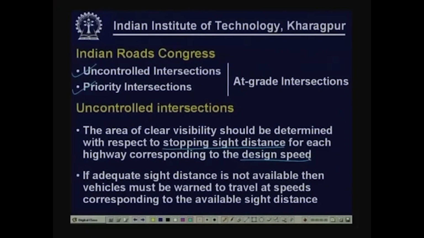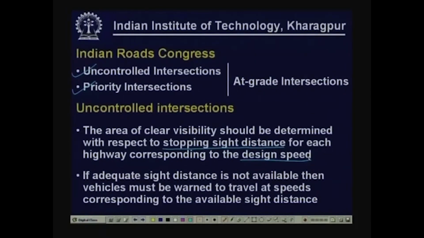So, straightaway it says that it should be on the basis of stopping side distance, and the basis used in IRC for stopping side distance we have already discussed earlier. Now, if adequate side distance is not available, then vehicles must be warned to travel at speeds corresponding to the available side distance.